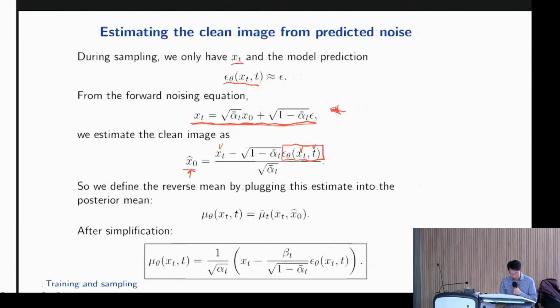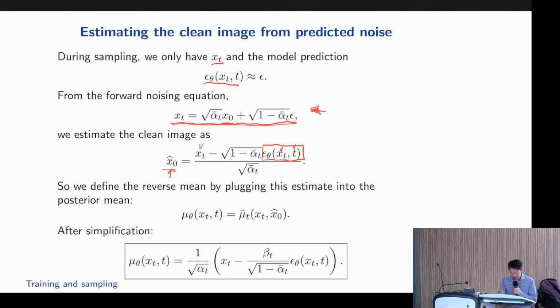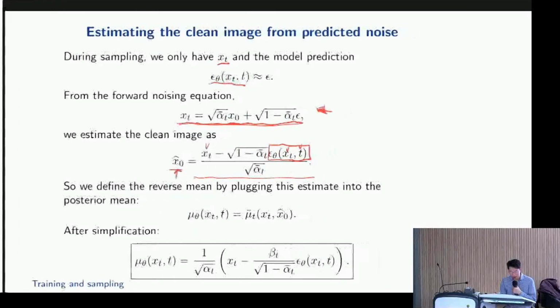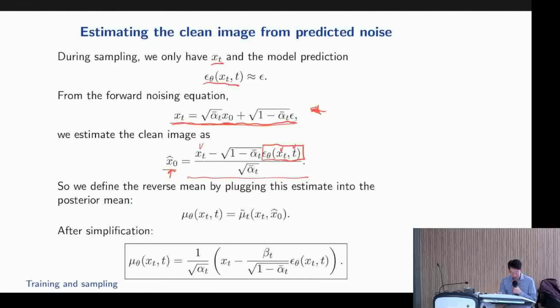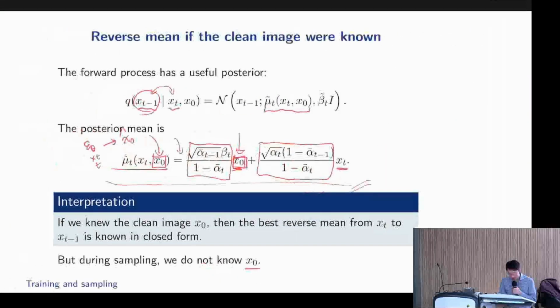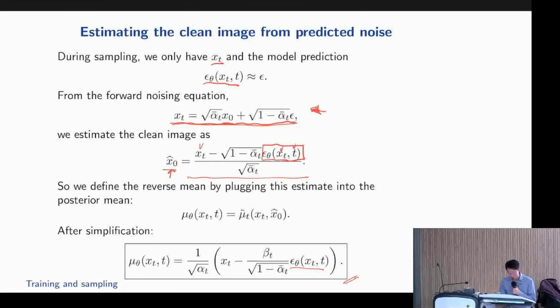And if you just plug this in here and simplify, the equation looks like this. After simplification, the predicted mean of one-step denoising is 1 over square root of alpha t, times xt minus some constant times the model output. Is this obvious? It took me maybe 2 lines.